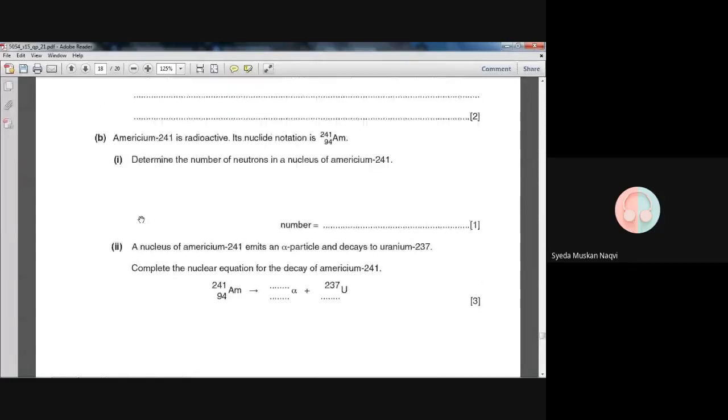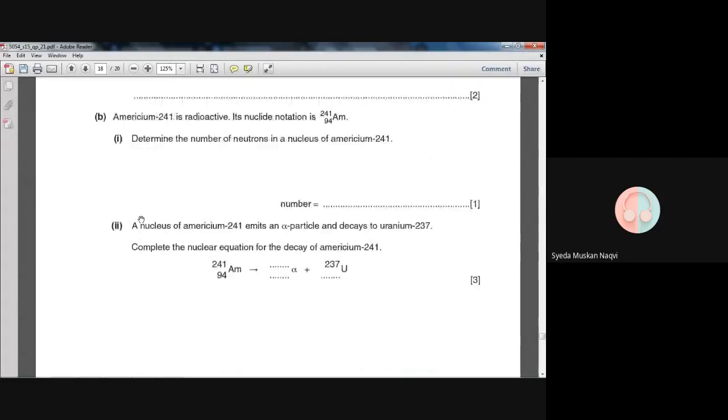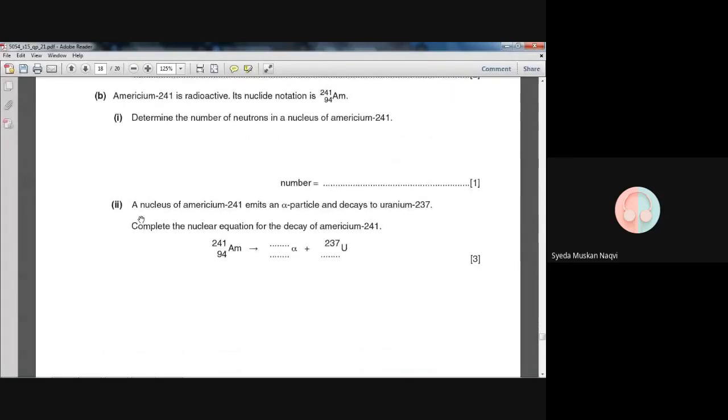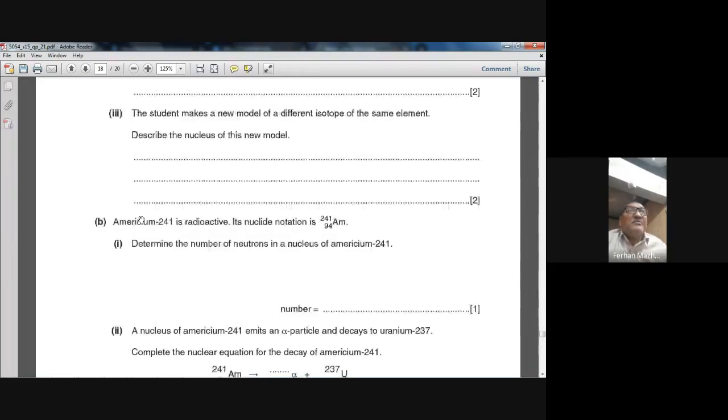I have written that the new model will have 25 electrons and the number of neutrons will be different. What did you say, 25 electrons? Yes, sir. No, we are talking about the nucleus. Electrons are not in the nucleus. He says, describe the nucleus of the new model. Cut this word electrons.